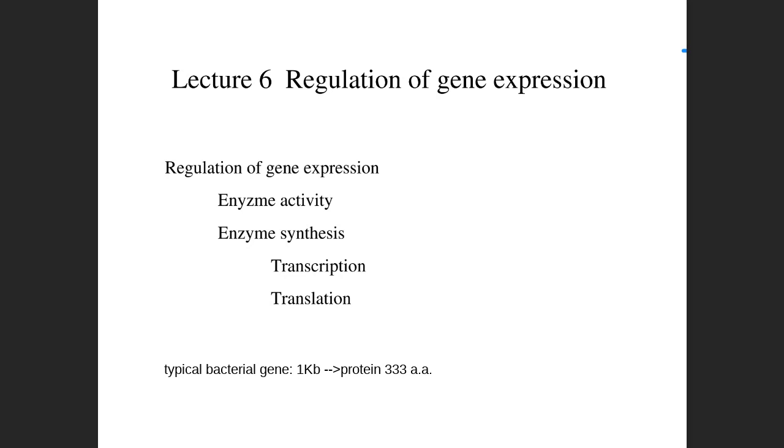Professor, can you repeat the process again? So you said that there's 1 kb, which is 1,000 base pairs in a typical bacteria gene, and then each protein has 333 amino acids? Yeah, that's for that typical bacteria gene, right? You have to give some numbers. So we say a typical bacteria gene is 1,000 base pairs long.